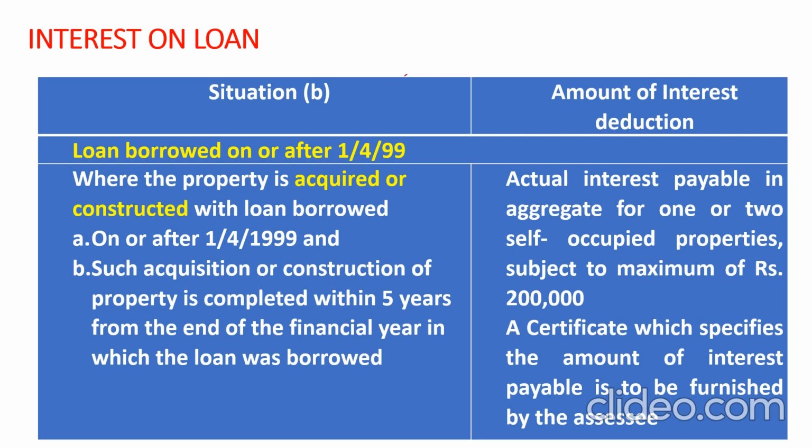So 2 lakhs is the maximum deduction which can be claimed, and we need to produce a certificate which specifies the amount of the interest payable that has to be furnished by the assessee.